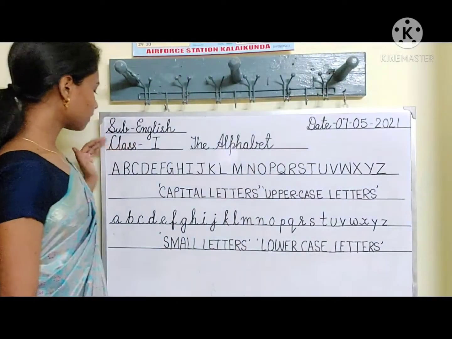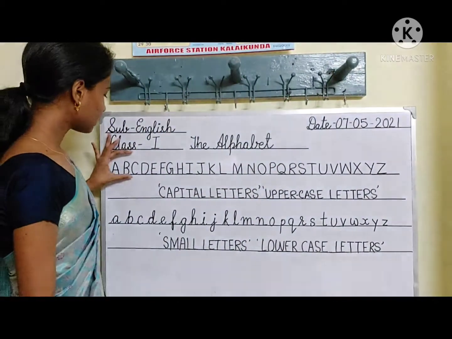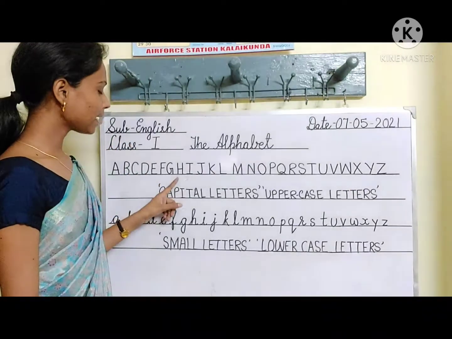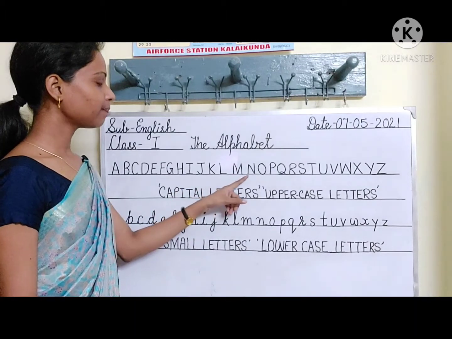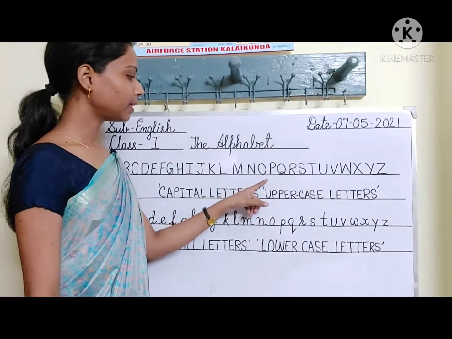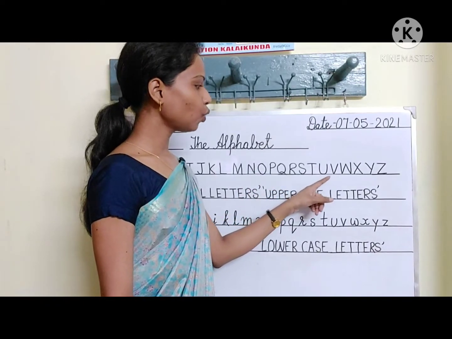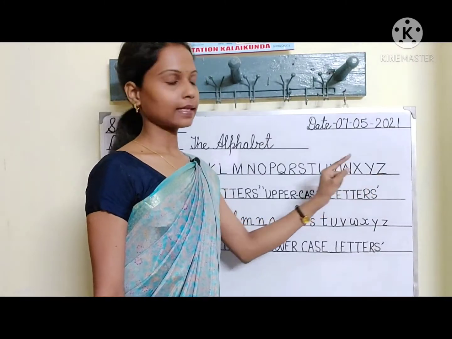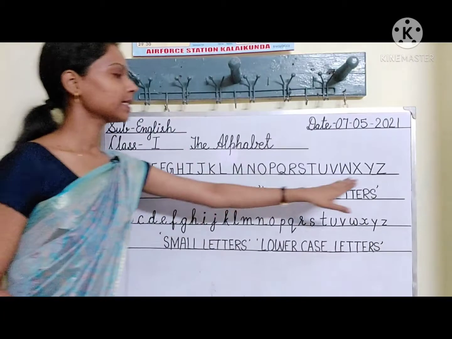I have written here A, B, C, D, E, F, G, H, I, J, K, L, M, N, O, P, Q, R, S, T, U, V, W, X, Y and Z. How many letters? There are 26 letters.